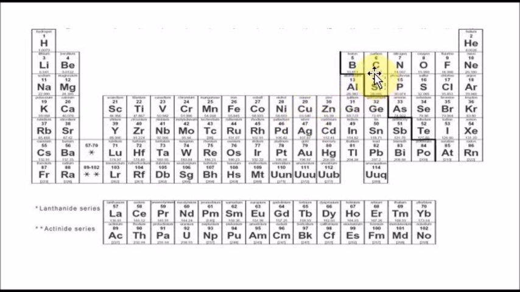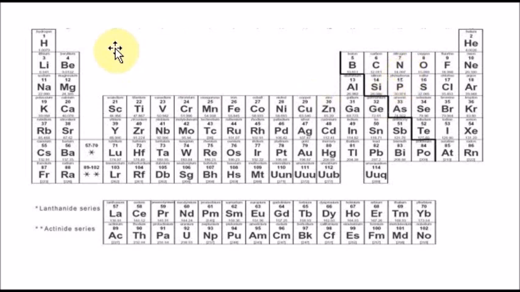Another example, carbon has an atomic number of 6. So this means that any atom which has 6 protons is going to be carbon. Okay, so you get the drift. The periodic table tells you which atomic number is associated with which element, and any atom which has that number of protons is going to be that element.